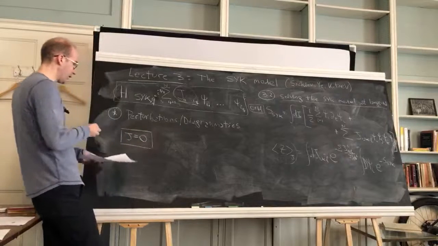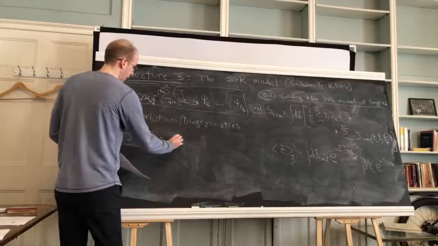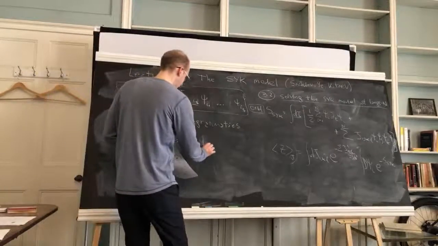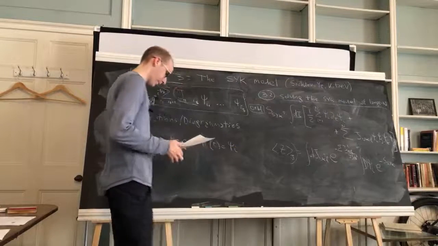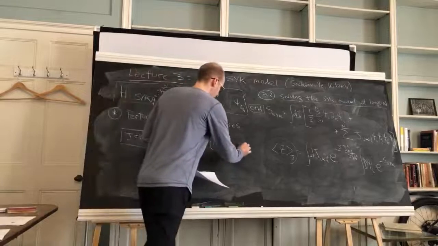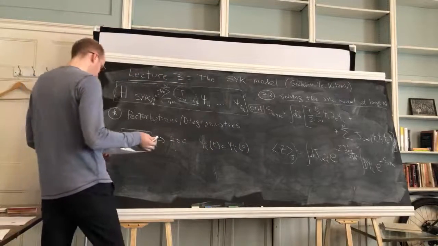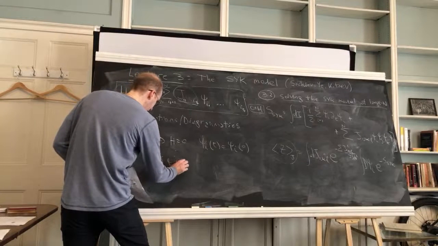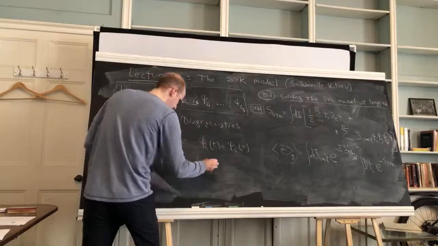So we can start by putting J equal to 0. And when J equals 0, then H is equal to 0. There's nothing going on. The fermions are just independent of time. And we can compute the two-point function because we know that psi_I psi_J anticommutator is equal to delta_IJ.